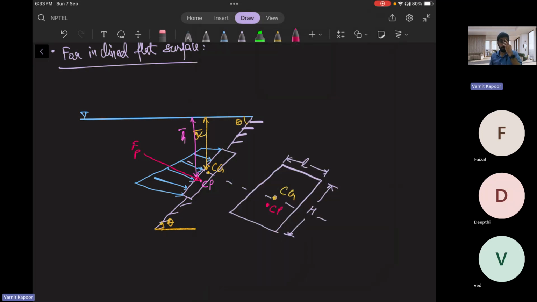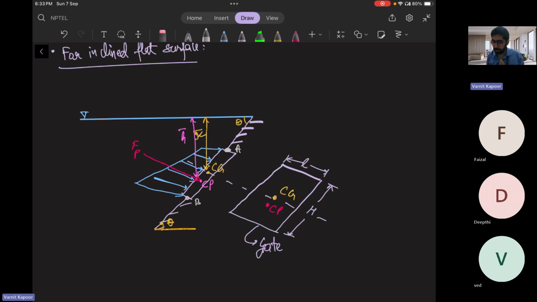And this is nothing but your gate right here. Suppose this is your point A, and this is the gate A and B.